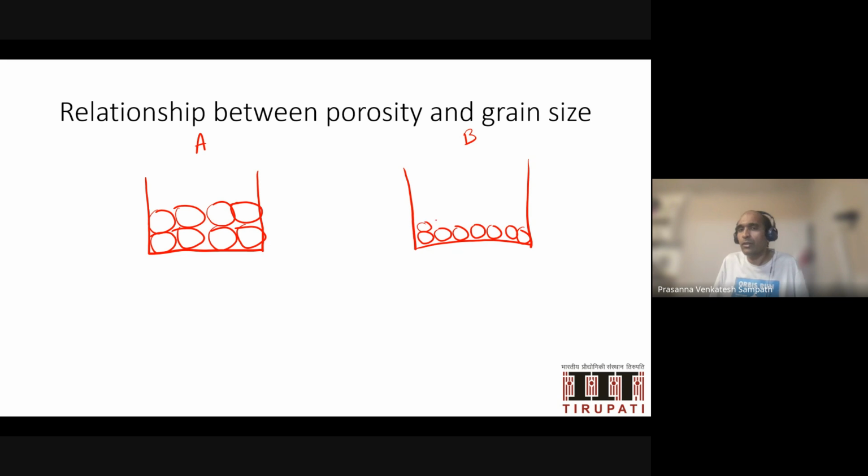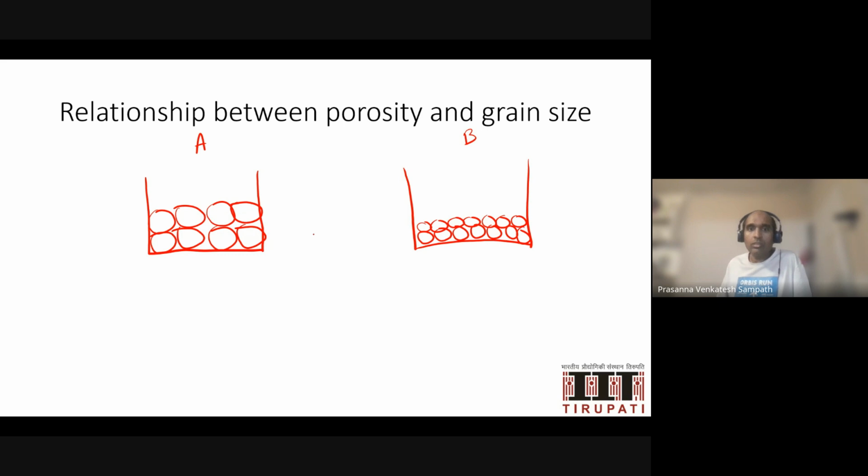Okay, I'm only going to draw two layers. I'm not going to draw more than that. Let us say I have, in case A, slightly larger diameter grains, but they're all perfect spheres, arranged neatly one above the other. And then in case B, I have smaller grains, but again perfect spheres, all arranged neatly in exactly the same manner.